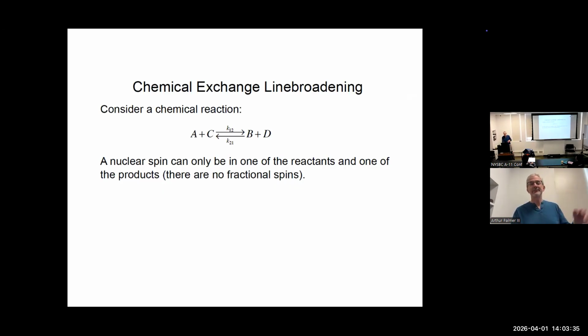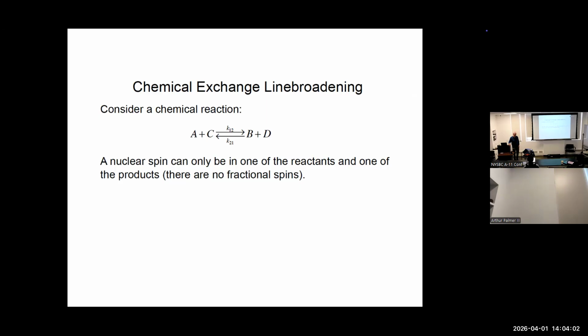So here's a simple example of a chemical reaction in which A plus C goes to B plus D. And a very important simplification in NMR is, of course, in the reactants, the spin is either in A or C. It can't be in both A and C at the same time.